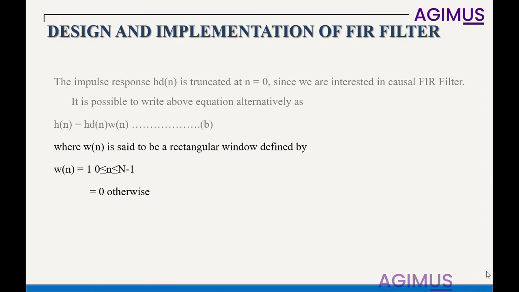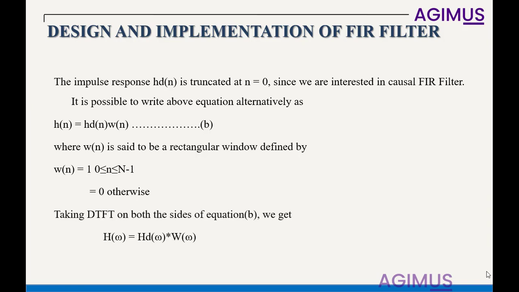Now, if you go further with this, the impulse response h_d of n is truncated at n equal to 0. Since we are interested in a causal FIR filter, it is possible to rewrite the above equation alternatively as h of n is equal to h_d of n times w of n, which is my equation B, where w of n is a rectangular window defined by w of n equal to 1 when n is between 0 and N minus 1, and 0 otherwise.